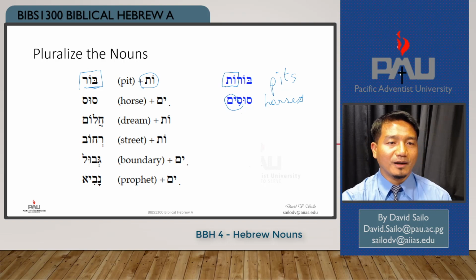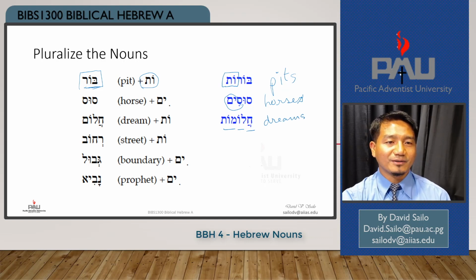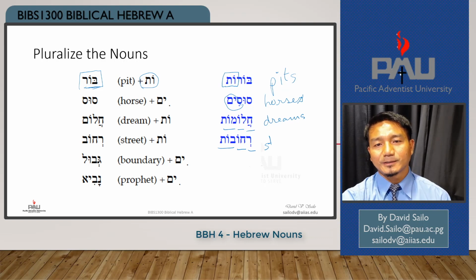And how about halom, dream, halom? We are going to have halomot. We are going to have dreams, okay? How about rehov, street? We are going to add this one. We have rehovot, so we have streets.